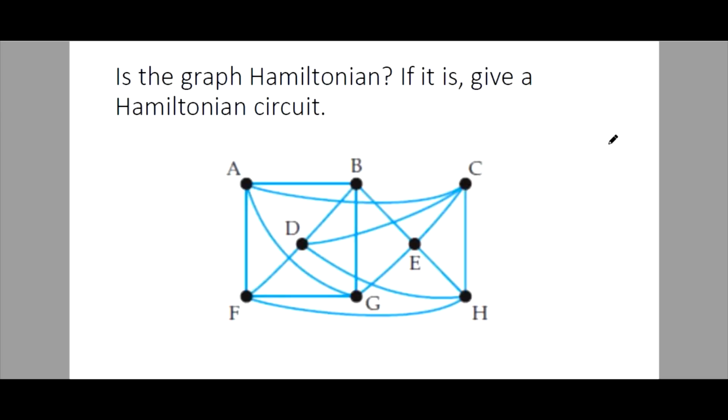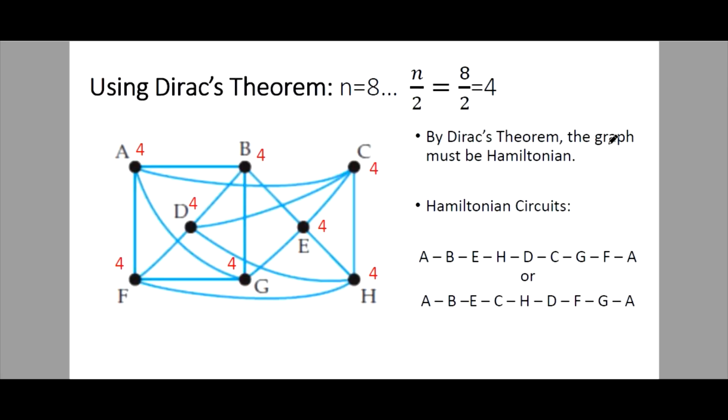Say, for example, is the graph Hamiltonian? If it is, give a Hamiltonian circuit. Okay, so let's try first Dirac's theorem. Now, the number of vertices is 8: 1, 2, 3, 4, 5, 6, 7, 8. So n over 2 is 4. n is 8, that is greater than 3, so satisfied.